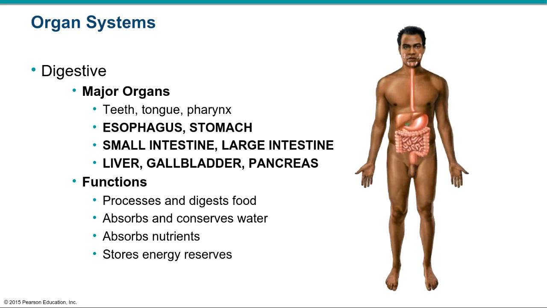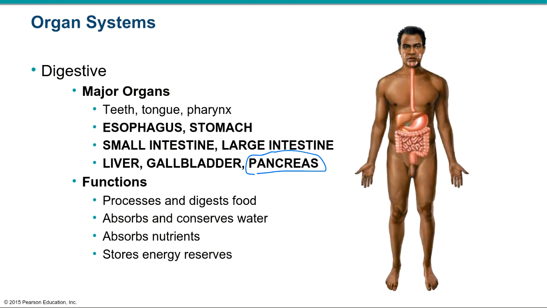Digestive, there are quite a few organs: esophagus, stomach, small intestine, large intestine, liver, gallbladder, and pancreas. So you want to make sure you can visually identify those. The pancreas is both a digestive organ, but it's also an endocrine organ. So you'll see that in the endocrine system, but you also see it listed here in the digestive system.